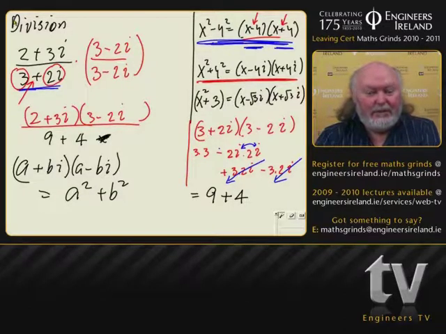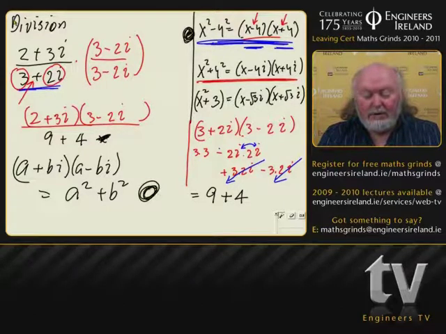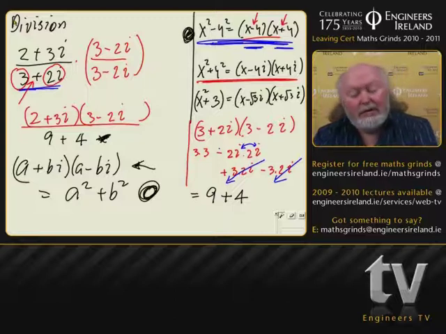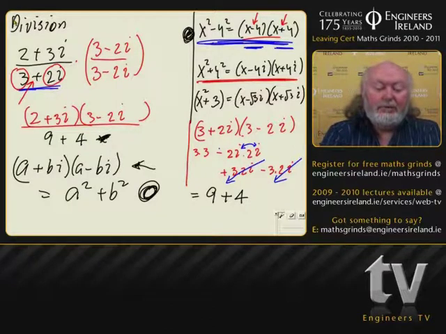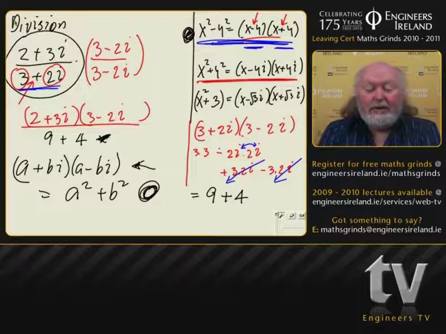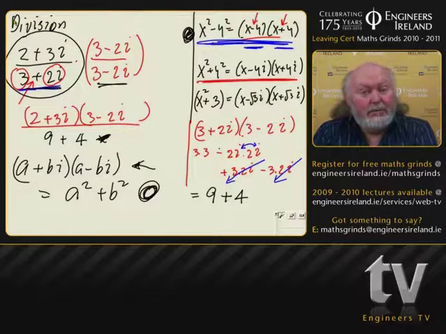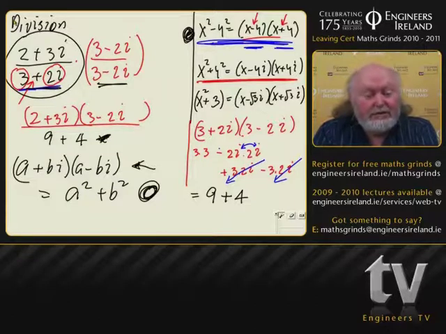I am saying to you that many times that this is really important, and now this particular one, which is the sum of two squares, which has got two complex conjugate roots, can also be looked at in reverse, where we're looking at a division problem and you now bring in the conjugate of the lower number, and now you don't bother multiplying them out because you know what the answer is going to be. It's the first number squared plus the real part of the second number squared.